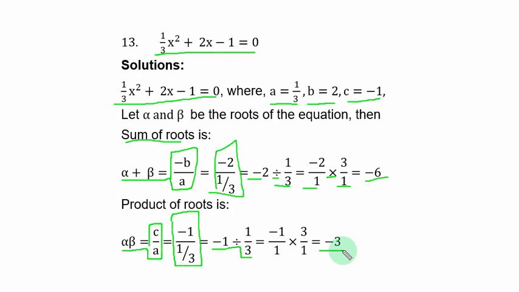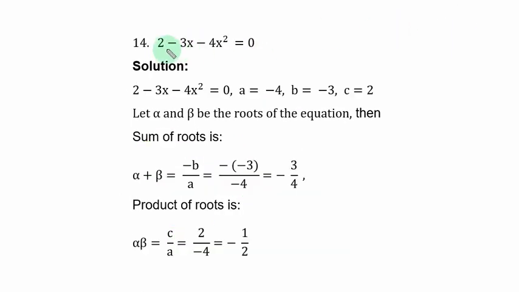Now, if you choose to solve that equation and get the two roots, when you add them, you get minus 6. And when you multiply, you get minus 3. But this simple rule for sum and product of roots saves us the stress of solving before getting the roots.